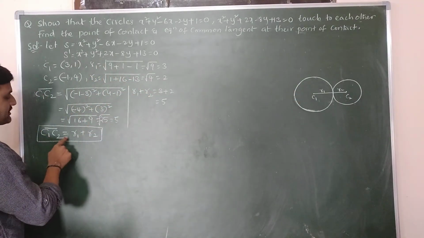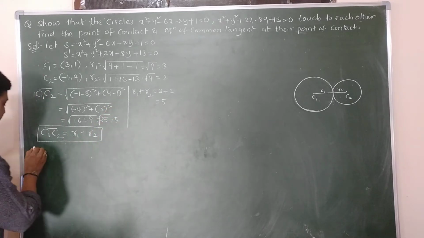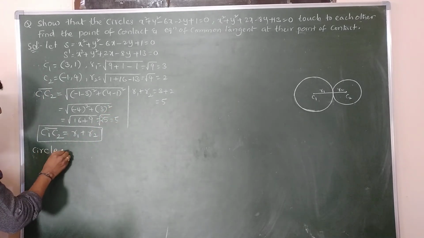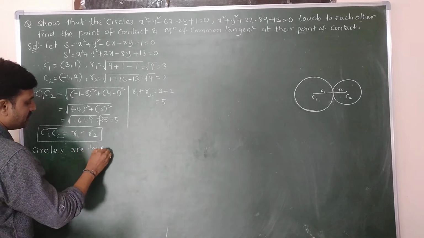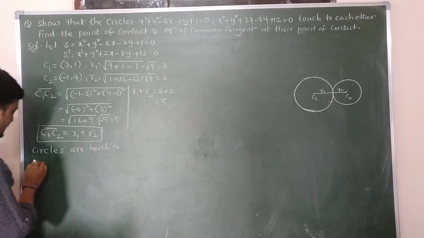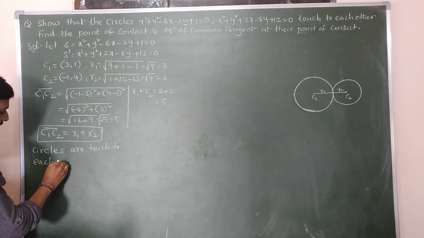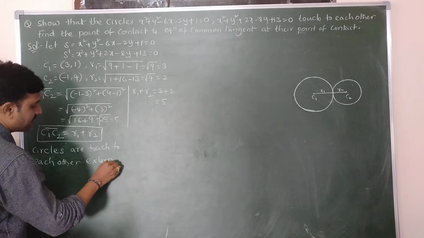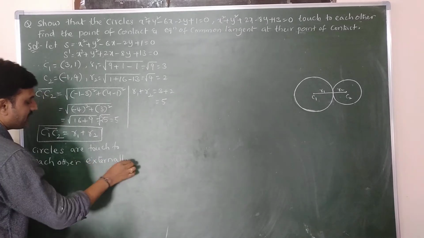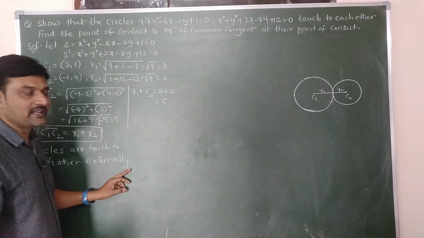C1C2 equals R1 plus R2, so the circles touch each other externally.